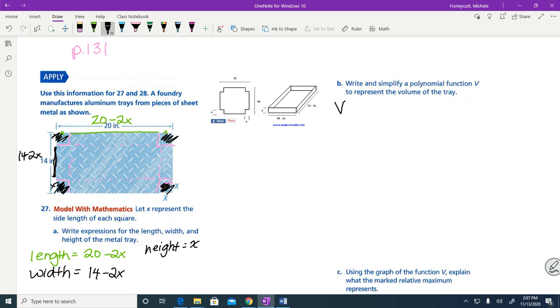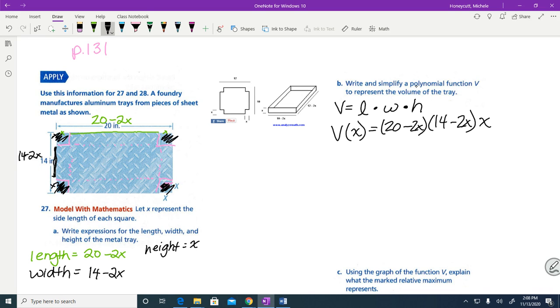Well, the volume of a rectangular prism is length times width times height. So my volume in terms of x, because I'm going to need to use formulas, would be the length, which is 20 minus 2x, times the width, 14 minus 2x, times the height, x. So it says simplify, so that means I need to multiply it out.